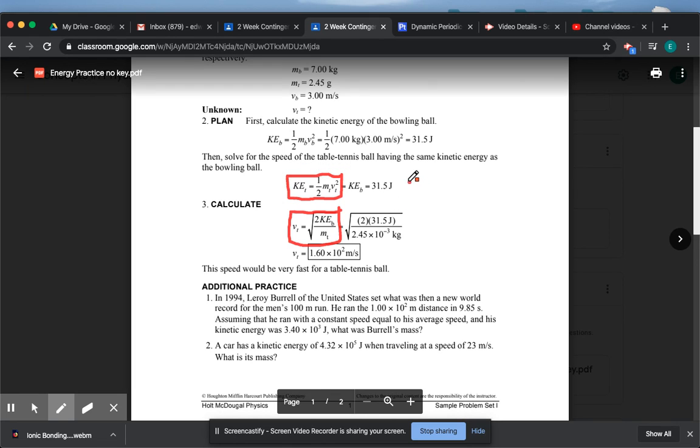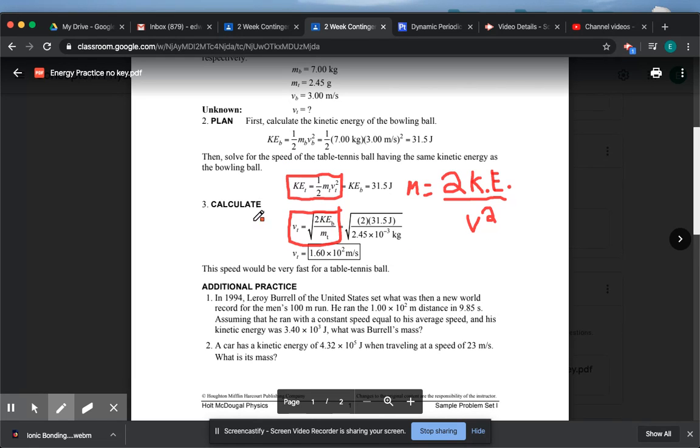And if you're asked to find mass, we solved for mass already, this is the mass equation. It's 2 times KE divided by v squared. So this is the mass equation, this is the velocity equation, this is the kinetic energy equation.